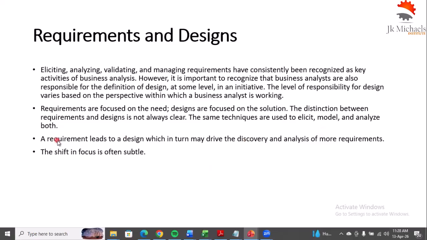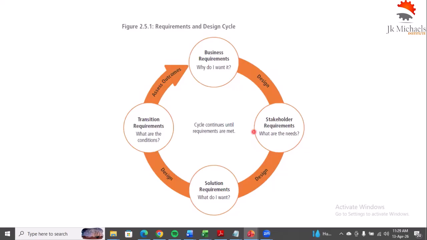A lot of times you might not even know when you shifted from using a particular description as a requirement and you're now using it as a design. A requirement a lot of time will lead to a design, which may drive the discovery or analysis of more requirements. So the shift is so often subtle. Right now, let's look at how that can work.